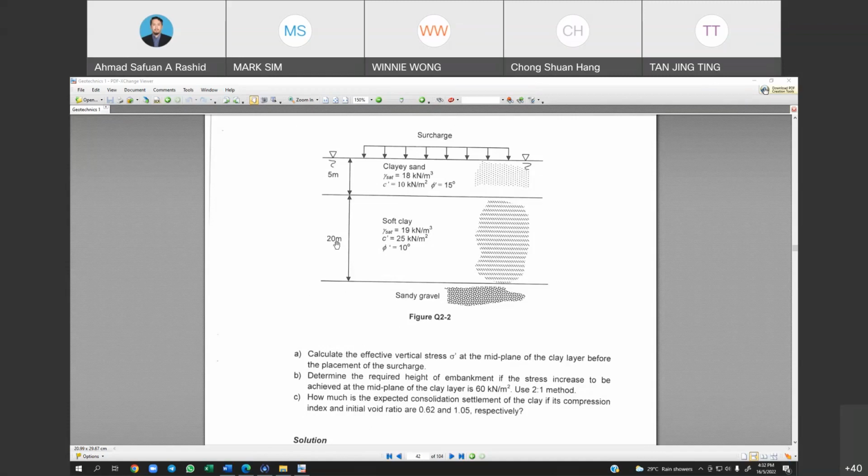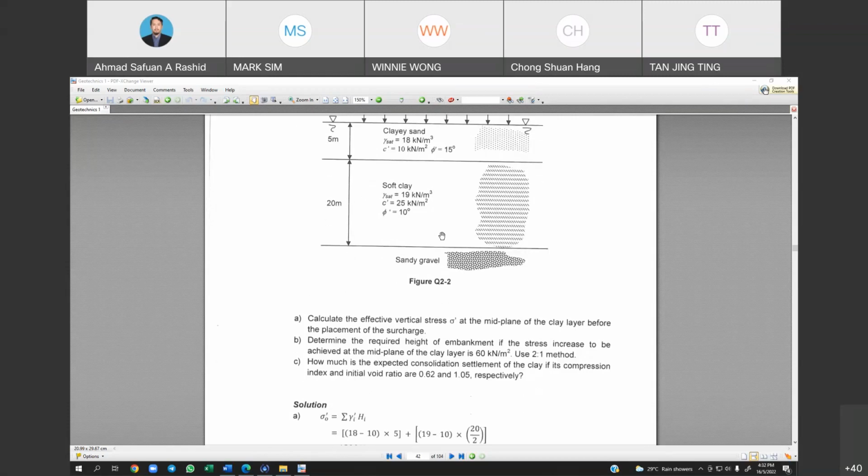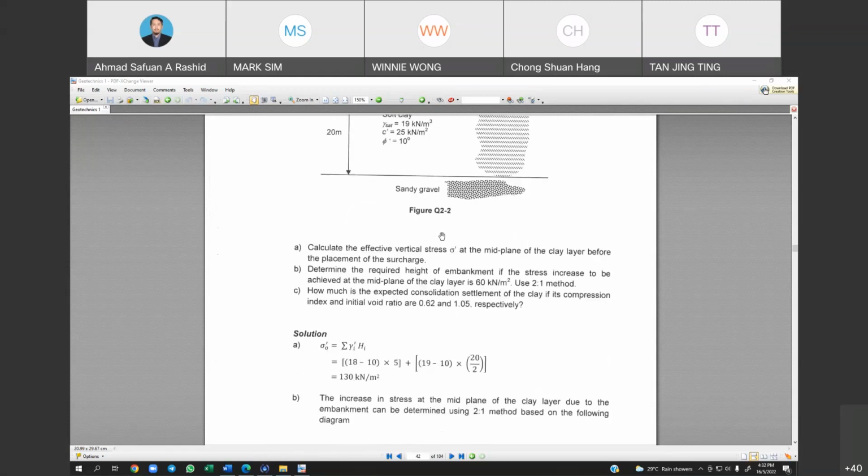At the middle, we divide by 2, so 10 times 19 minus 10. That is the effective vertical stress at the midplane of the clay layer. So it is 130.